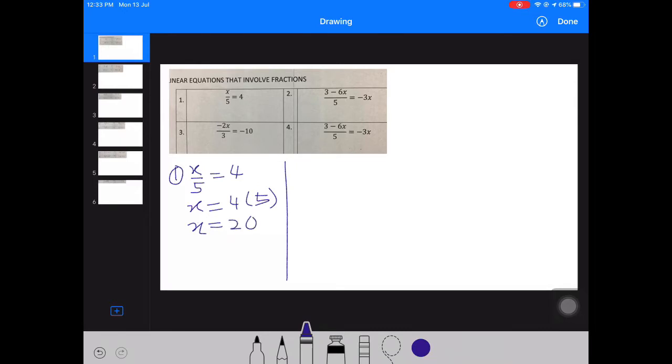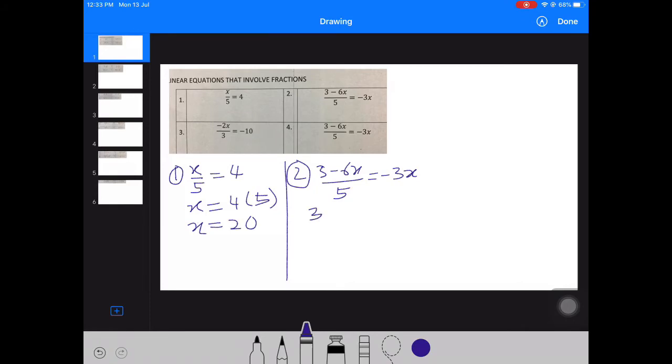Okay, for number 2, we have 3 minus 6x over 5 equals negative 3x. So here on the left side you have divide 5, so we're going to do the backtracking.